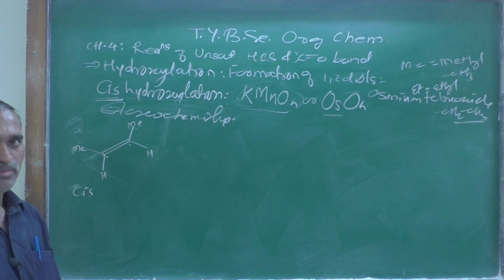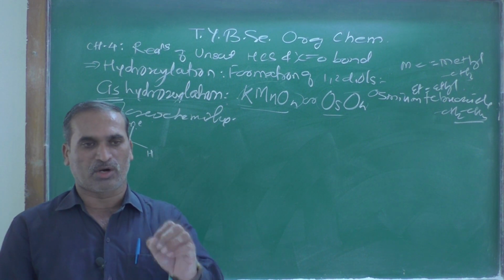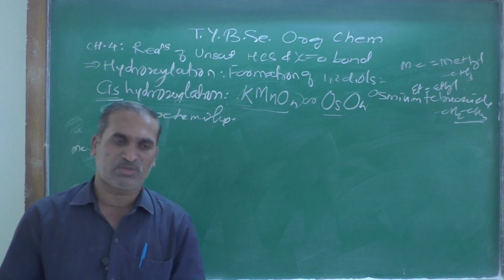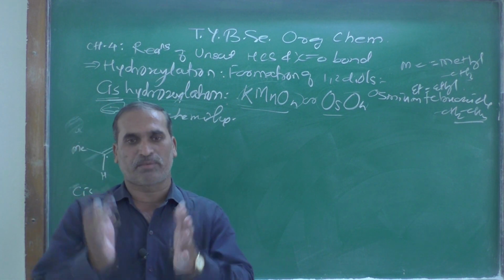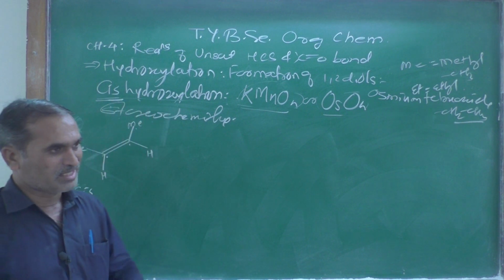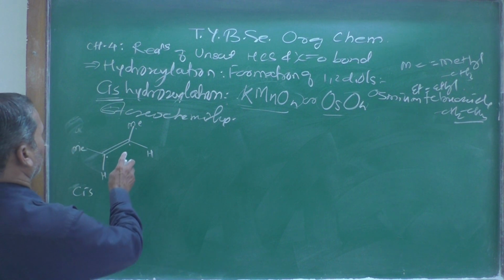Why cis? Similar groups on the same side of the carbon-carbon double bond is known as a cis isomer, and a trans isomer means similar groups on the opposite side of the carbon-carbon double bond. Cis and trans are opposite to each other.